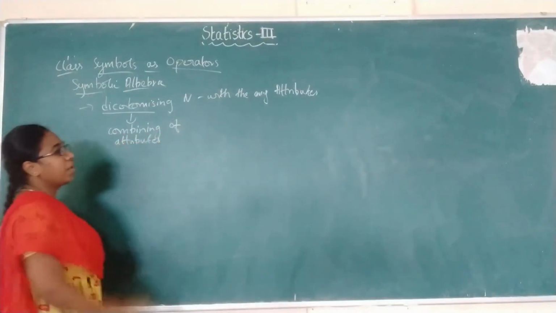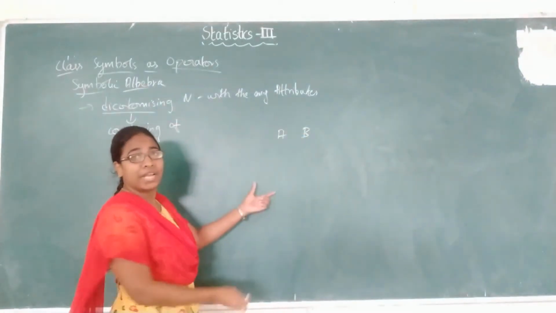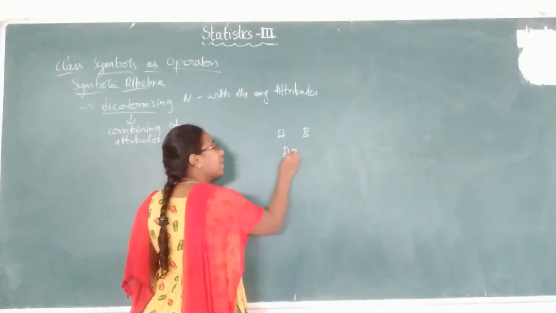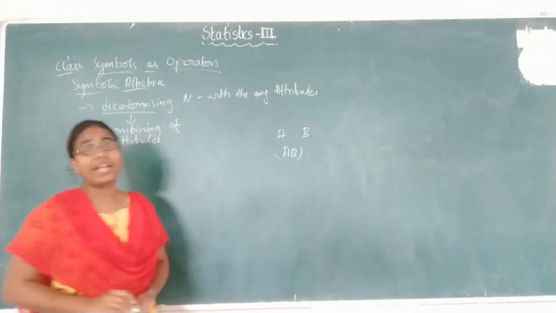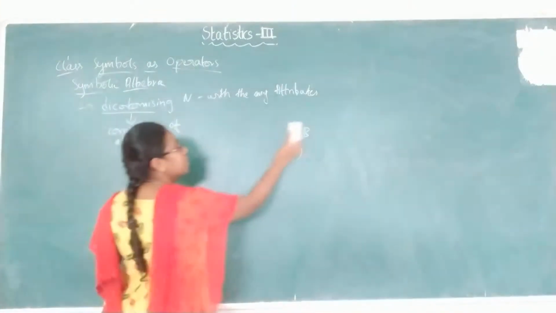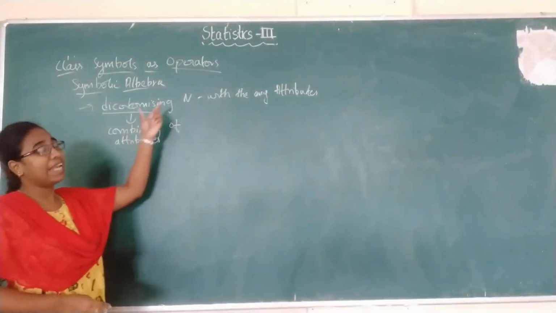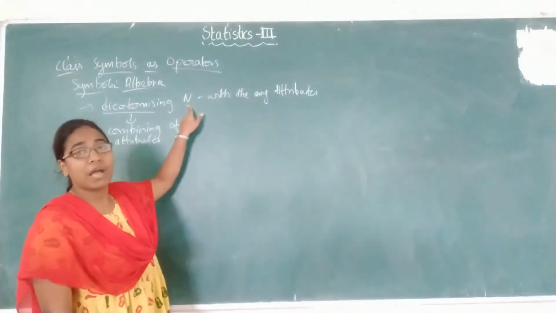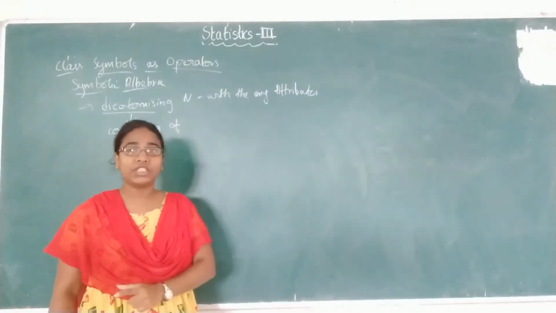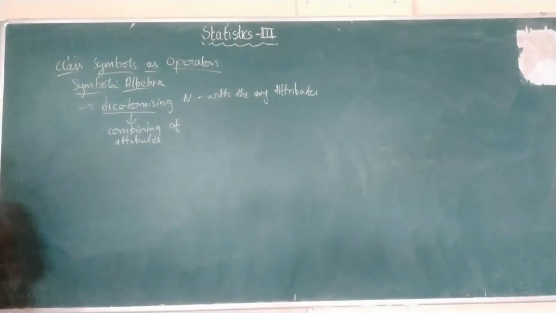So if you have, suppose, A, B, you are combining the two attributes and writing as AB, right? So that is called dichotomizing here. So whenever you combine any attribute with capital N, that is the population size, that is called a symbolic algebra.